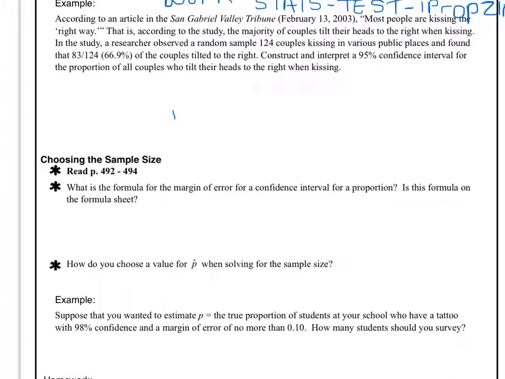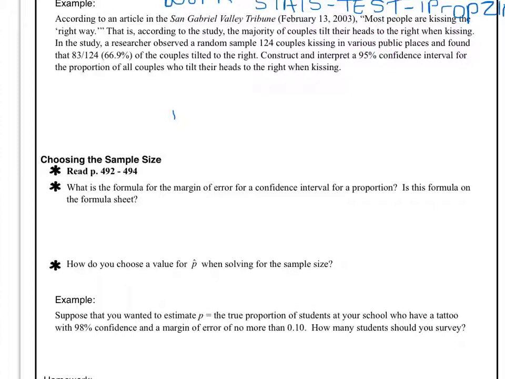We are wanting to estimate the proportion of couples who tilt their heads to the right when kissing. Okay, that's the parameter. And then we need to say at the 95% confidence interval. That would be our state.